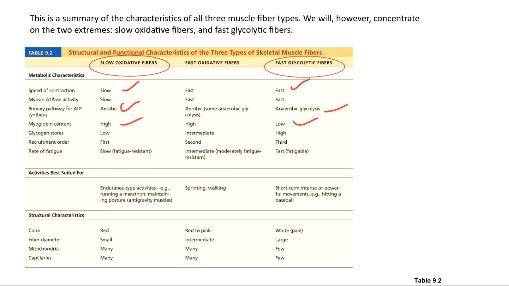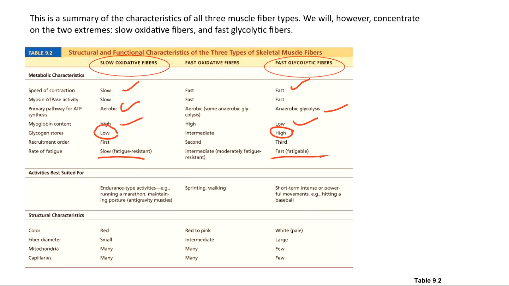Glycogen storage. Okay, slow oxidatives have a low glycogen storage, and that makes sense because aerobic respiration can use other things. It doesn't have to use glycogen. It can use fats. It can use proteins, versus fermentation, which only uses glycogen. So it has to have a high glycogen storage. Rate of fatigue, slow fatigue fibers versus fibers that fatigue quickly.